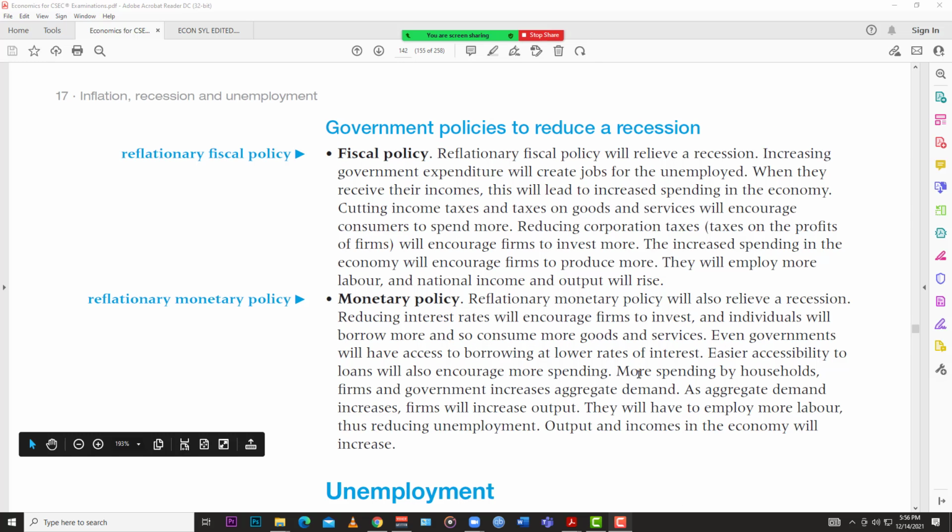So with all that, the government is not going to sit by and just let the recession happen, right? They're going to do everything in their power to combat the effects of the recession. And as we know, the government has access to two tool sets: monetary policy and fiscal policy. They're going to use those in tandem to try to solve the issues of the recession.